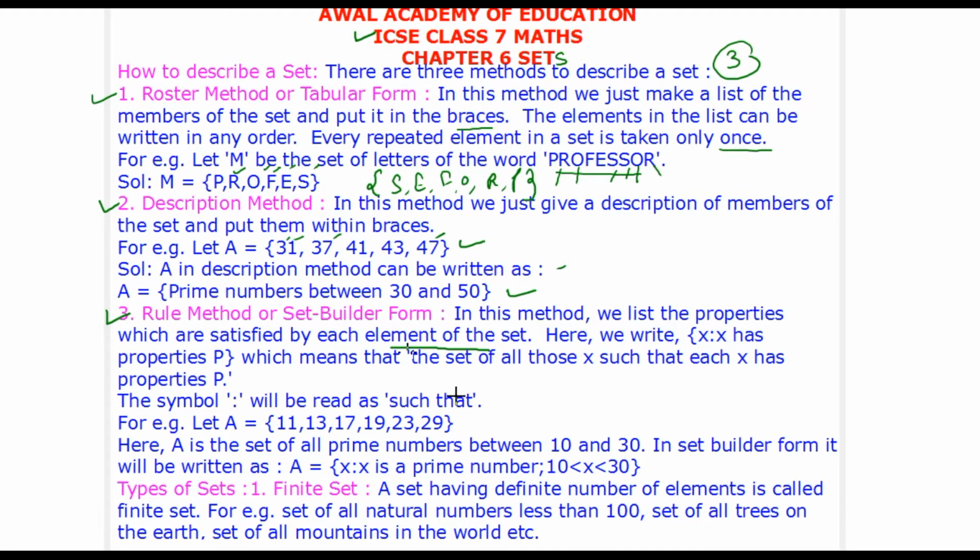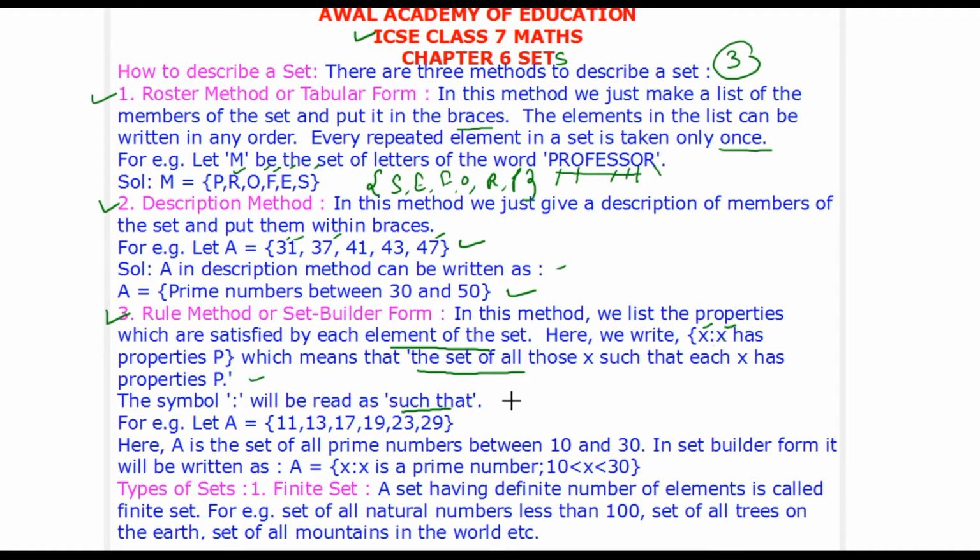This would mean the set of all those x such that x has property P. This colon means "such that".